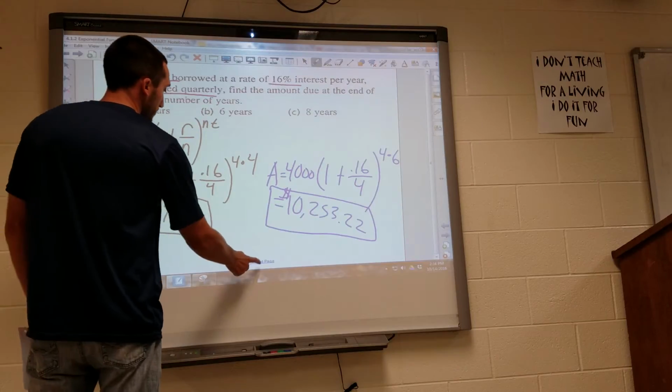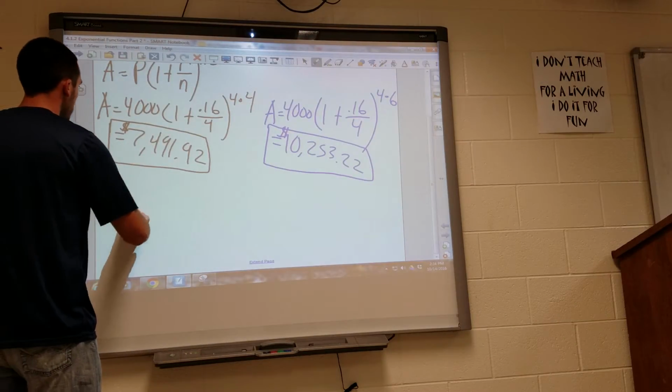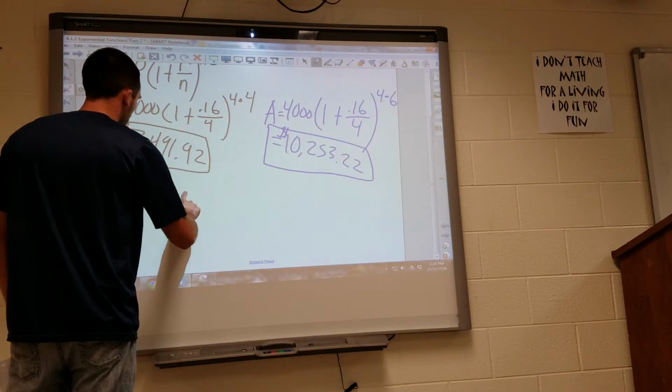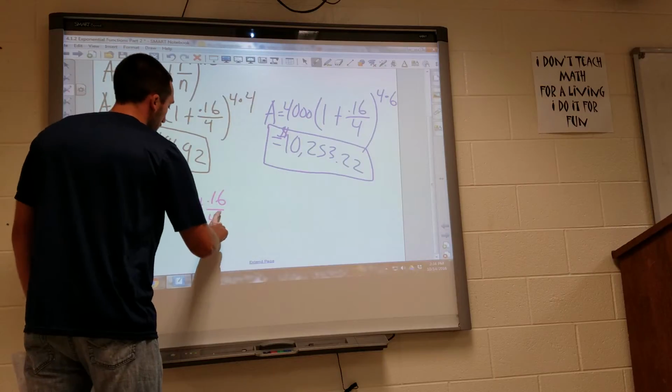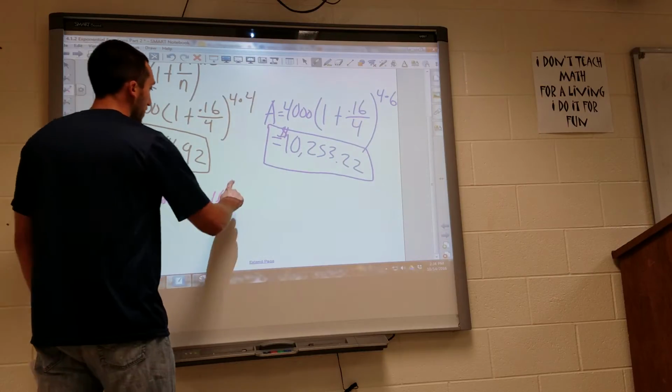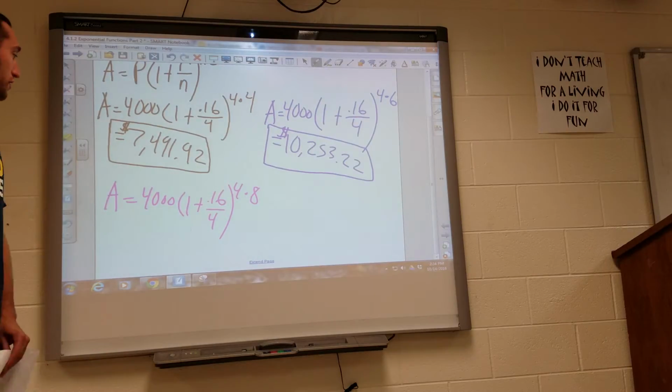And finally, part C, same equation, same starting. We're still starting with $4,000. We still have a 16% interest. We're still compounding quarterly, but now we want to borrow that money for 8 years.